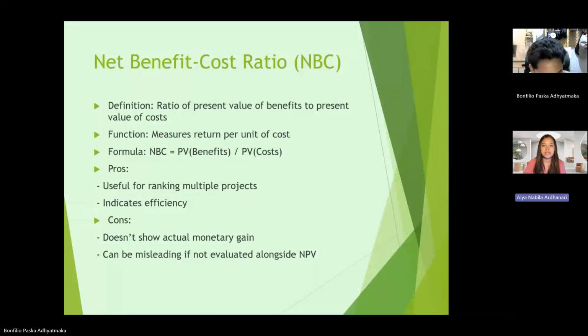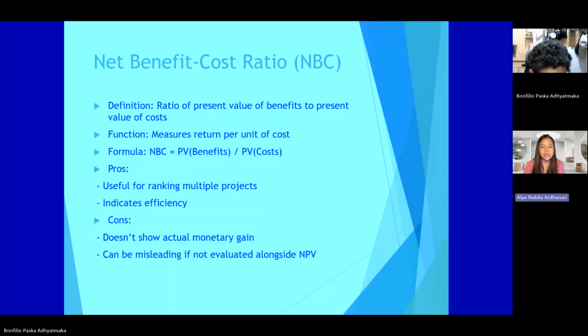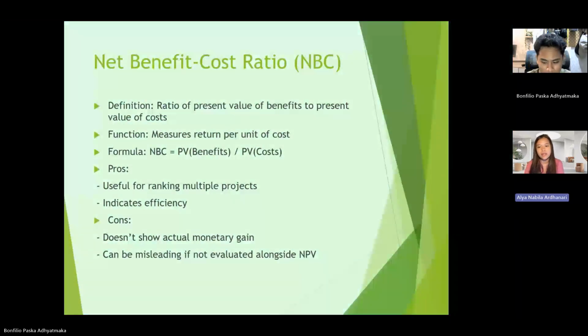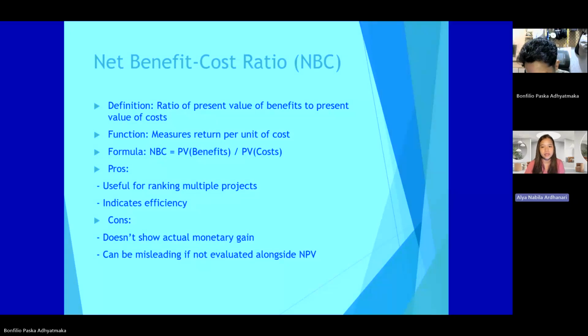So next we have the net benefit cost ratio or NBC. NBC is a ratio between the present value of benefits and the present value of costs. Essentially it tells us how much benefit we receive for every unit of cost that we invest.